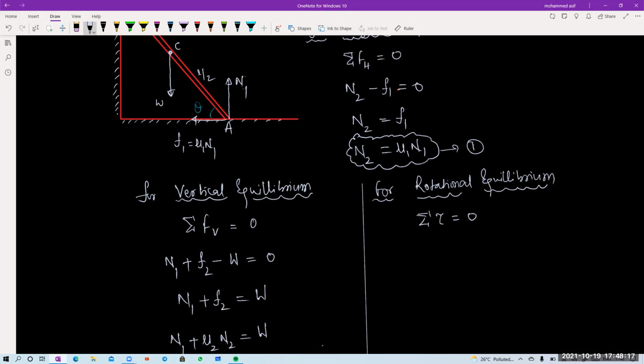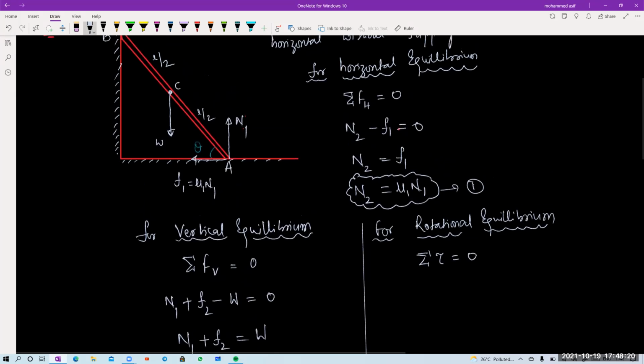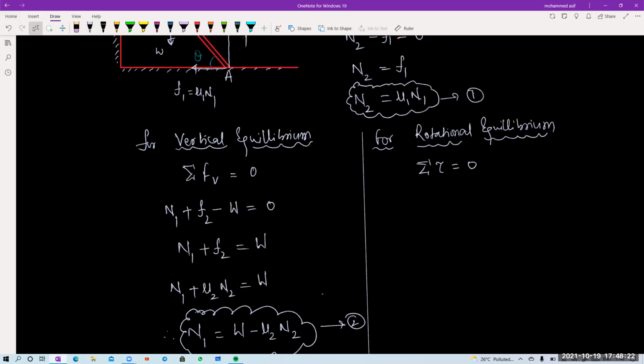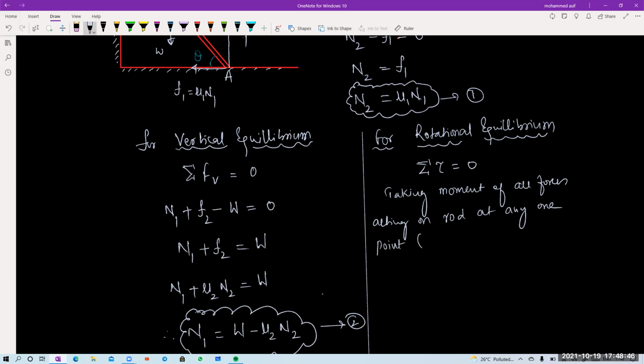Now let us take the moment of all the forces acting on this rod, about any one point, point A or point B. So I'm talking about moments: the moment of all forces acting on the rod at any one point, maybe at A or at B, anything basically.